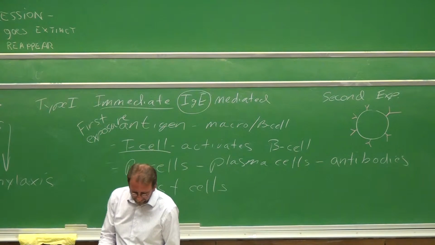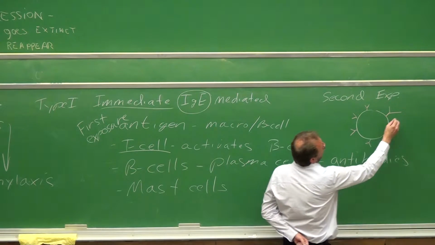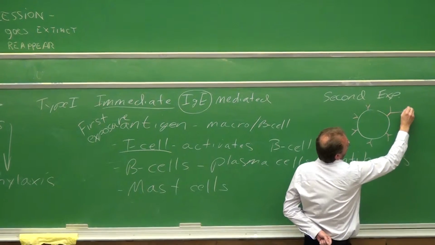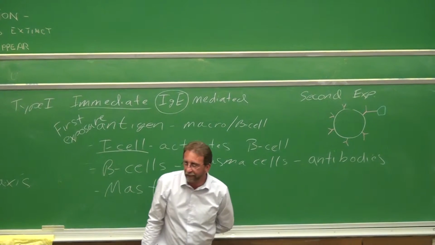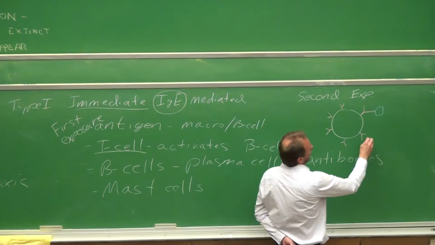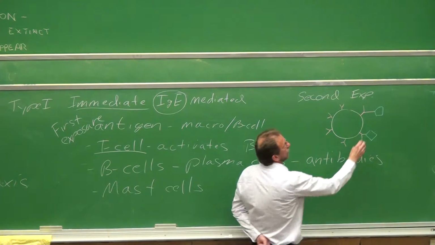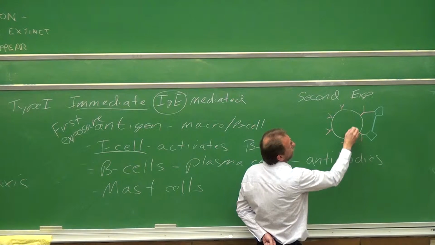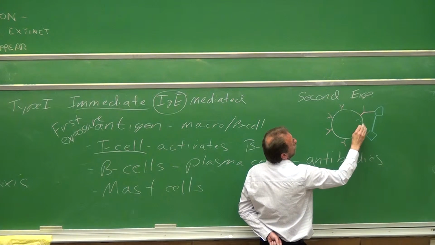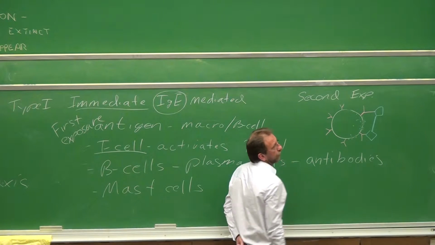what we see is that the antigen then binds to the antibody on the mast cell. And when a couple of antibodies get bound by the antigen, a cross-link forms and the mast cell starts to degranulate.